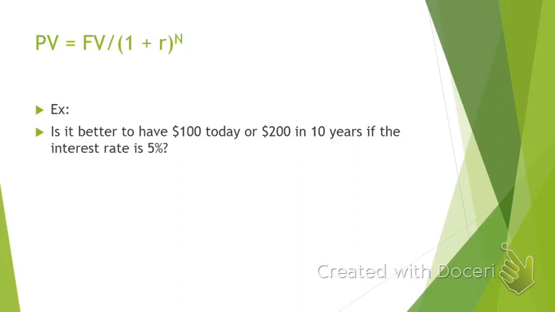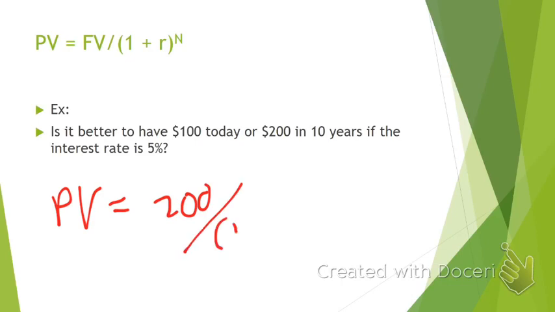So we would have present value equals 200 divided by 1.05 to the 10th. So what is the present value of $200 in 10 years? Somebody calculate that.